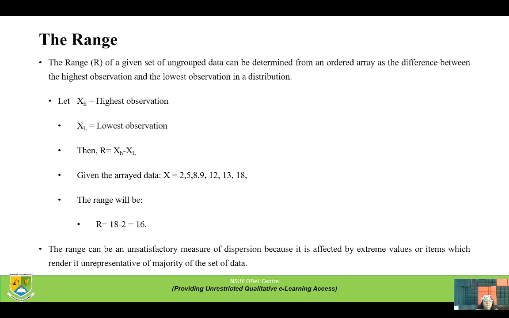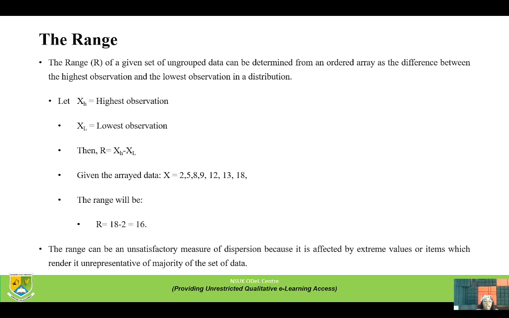So let's say XH is the highest value and XL is the lowest value, and the range is given by capital letter R, and you are asked to find the range. So R will be equal to XH minus XL, which means the highest value of X minus the lowest value of X.